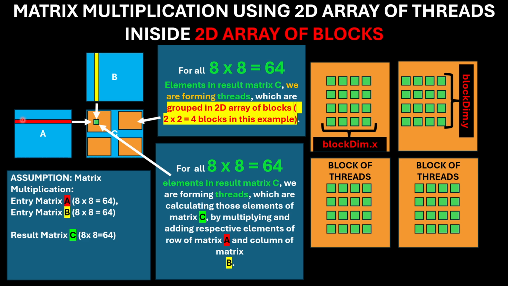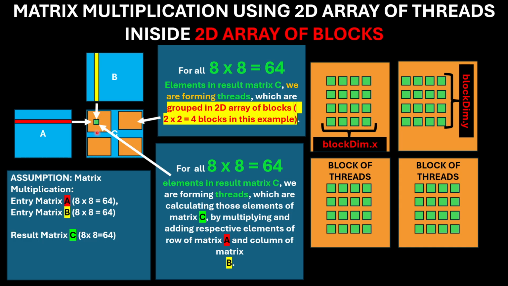We pick a row of matrix A and a column of matrix B, multiply corresponding elements, add those products, and form the elements, and one thread takes care of one element of the matrix C. So for all 8 times 8, 64 elements in the result matrix C, we form threads, which are grouped in a 2D array of blocks.